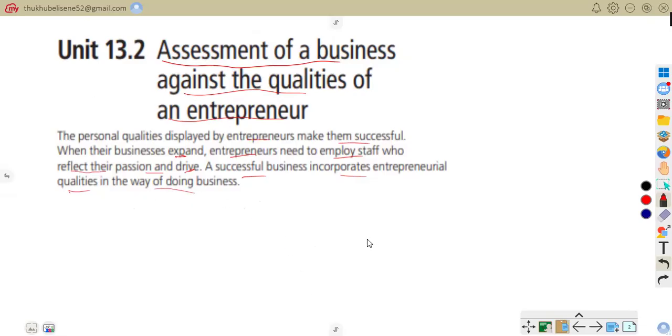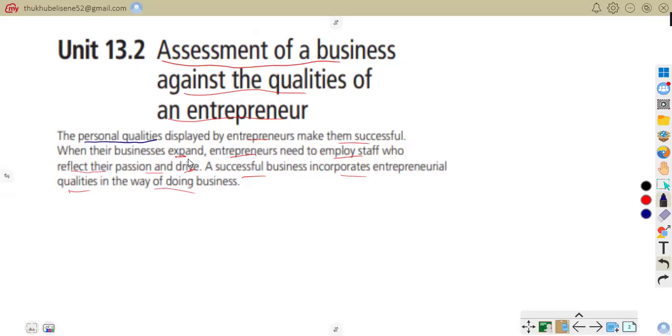Like we've talked about, personal qualities displayed by entrepreneurs make them successful. Meaning entrepreneurs use qualities such as confidence, creativity, perseverance, risk-taking, and commitment to overcome challenges and achieve their goals.